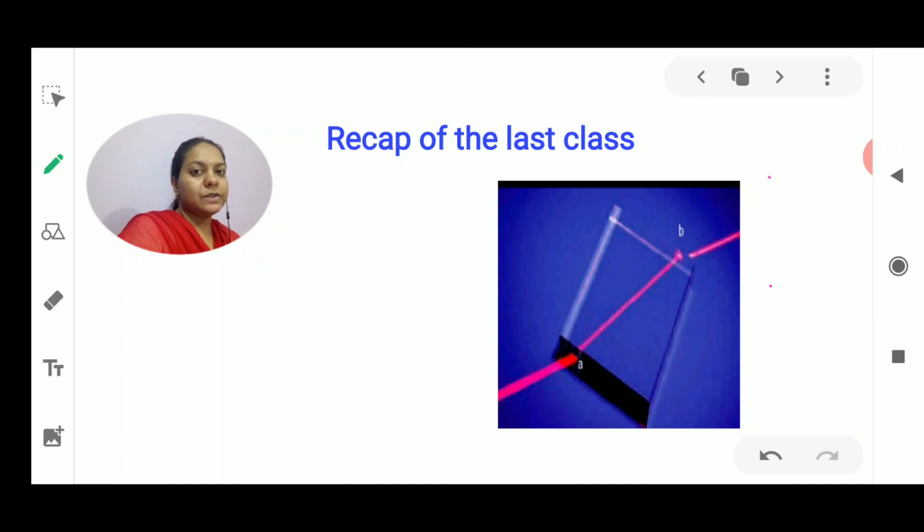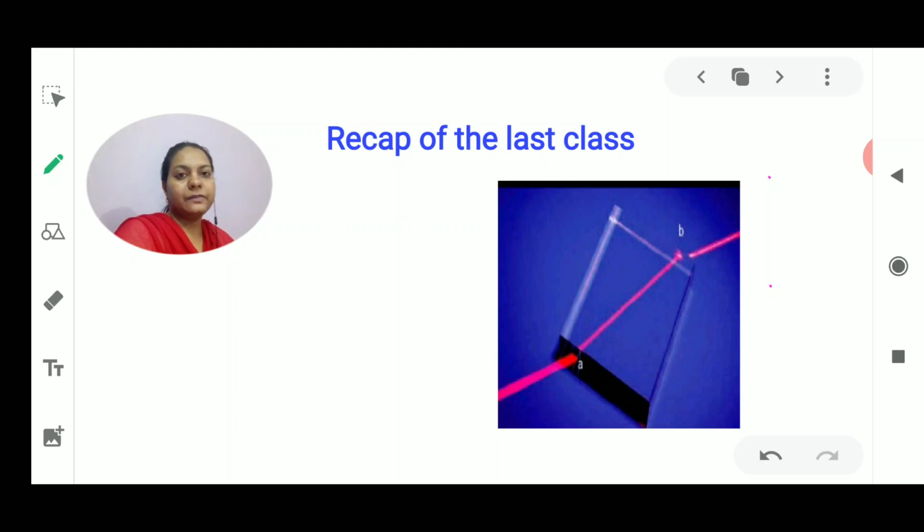Then in refraction we also saw the definition of refraction. Then I told you what the refractive index is, where we saw that the refractive index is the ratio of the speed of light in air with respect to another medium. Okay, and then I also told you the difference between the absolute refractive index and the refractive index.